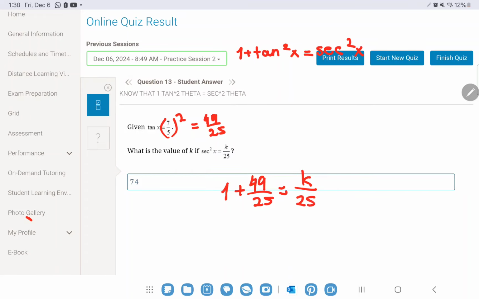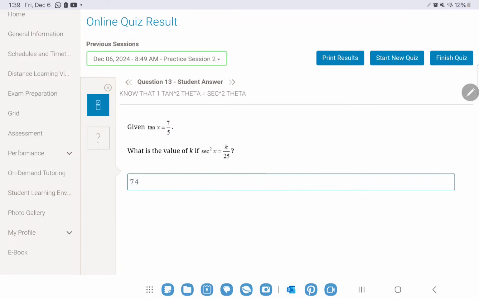Again, you can replace the 1 by 25 over 25. 25 plus 49 equals 74. So k equals 74. That's it. Now, let's move on to the next question. 2 questions left, I think.